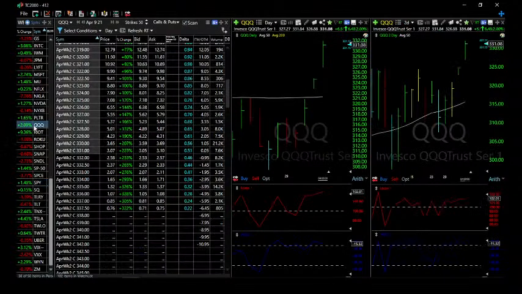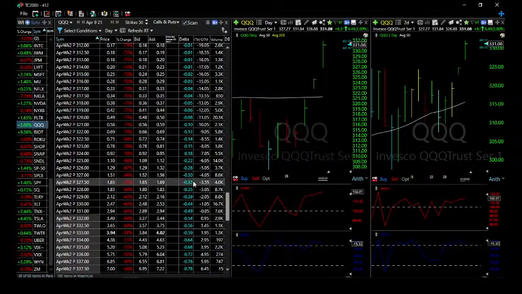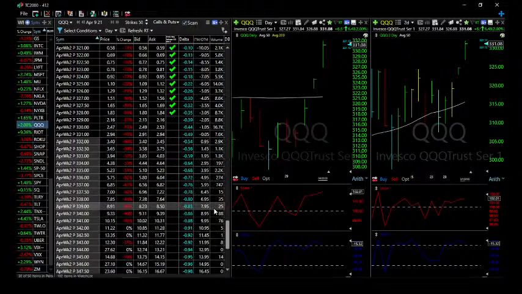Look at the Q. This is the QQQ. This is linked to the NASDAQ, which primarily represents tech stocks. But look at the volume. On the call side, 21,000, 14,000. I would say that this is the second most widely traded stock. Every day, these contracts are always in the thousands. What you call highly liquid.